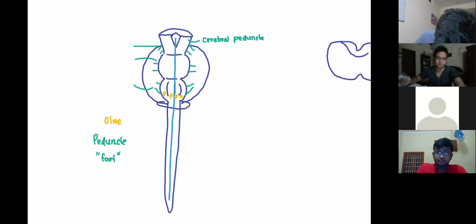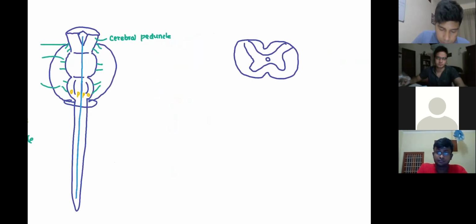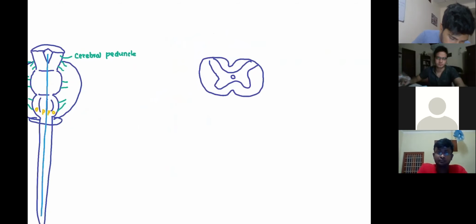This is the gray matter region which I'm drawing. And in the middle, we have the central canal, which carries the CSF upwards like this. I hope you guys understand that.